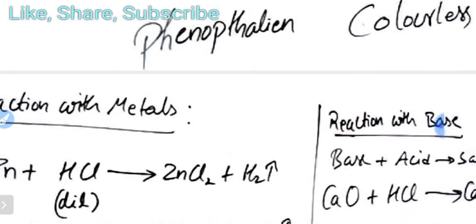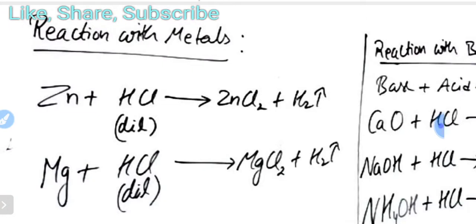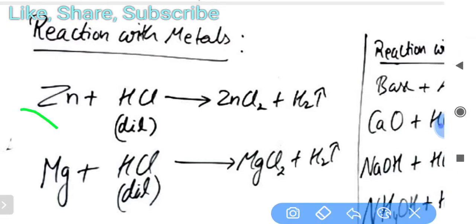Now, other things which will be asked about HCl, which you already read in the previous chapter on acids, bases and salts: reaction with metals. We have taken just two examples here; you can write others also. Whenever HCl reacts with a metal, it makes a salt and hydrogen gas is liberated.